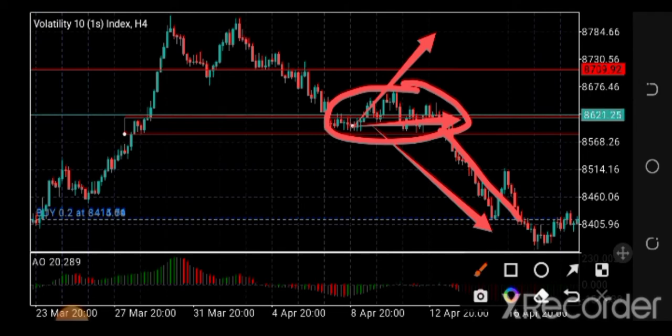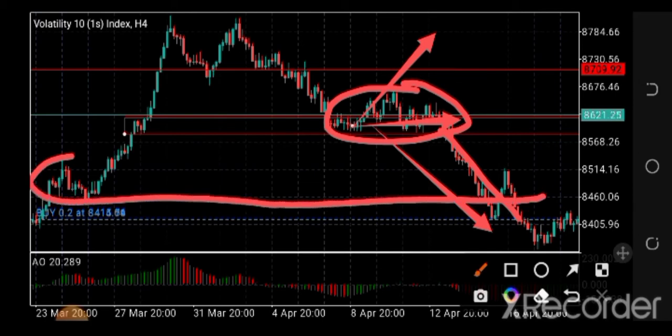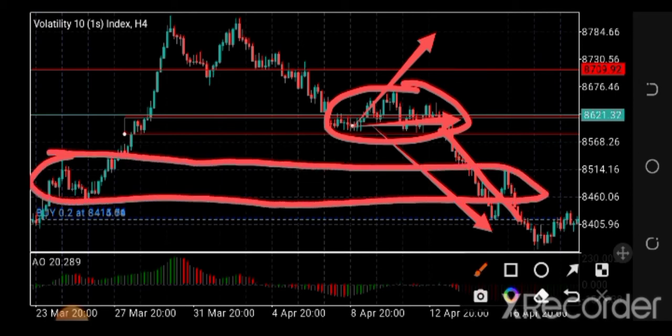When it's going down, what you need to do is spot what's been happening to the market behind, before what's happening now. That's what gives you the idea to predict. At least you might have an idea of what might happen next.